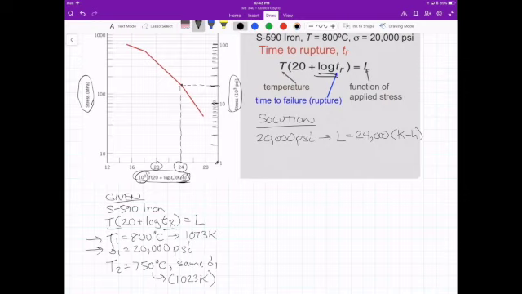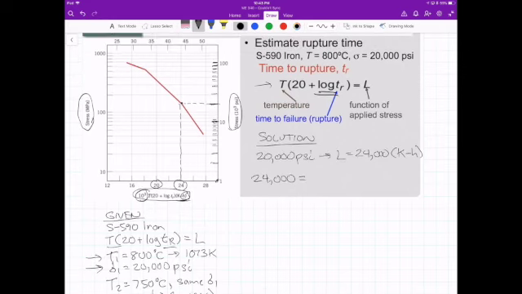Okay, so we take our value, 24,000, which is our L value, and we already mentioned right up here that L equals temperature, which is 1073 Kelvin, times 20 plus the log of our rupture time.